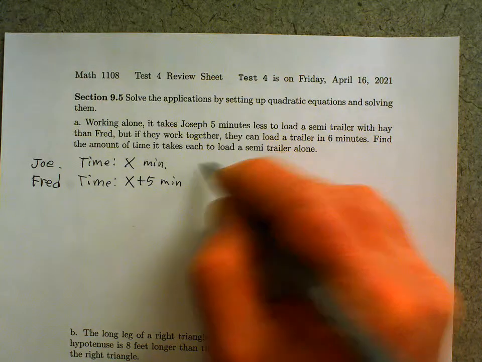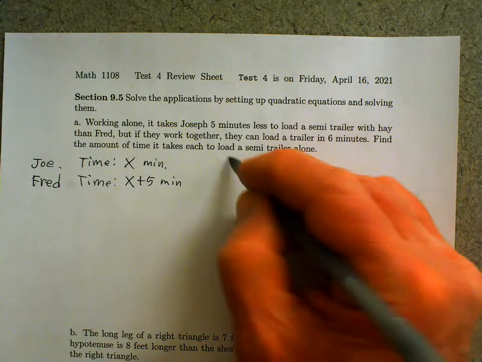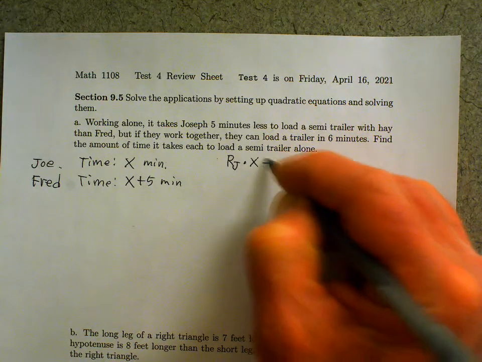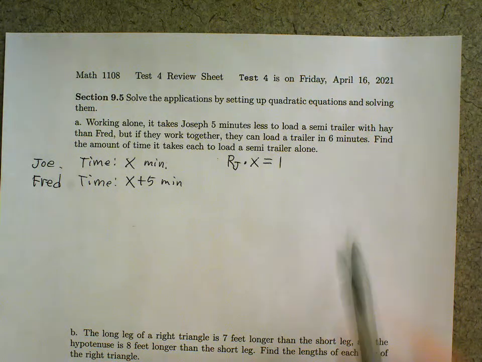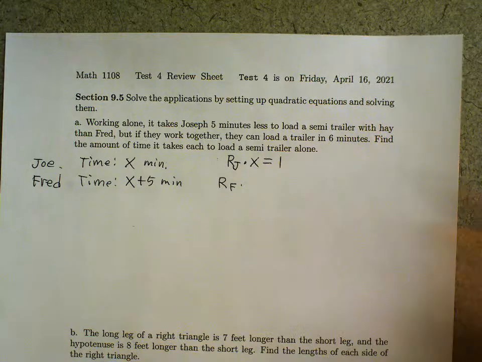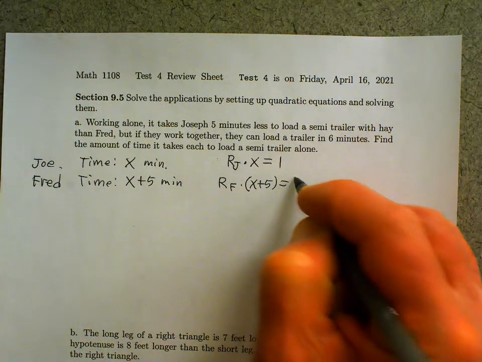So for Joe, we can write an equation, rate times time equals 1. So Joe's rate times x minutes equals 1. For Fred, Fred's rate times x plus 5 minutes equals 1.